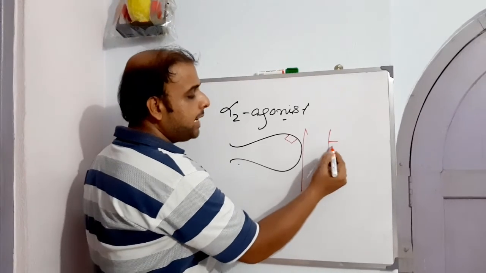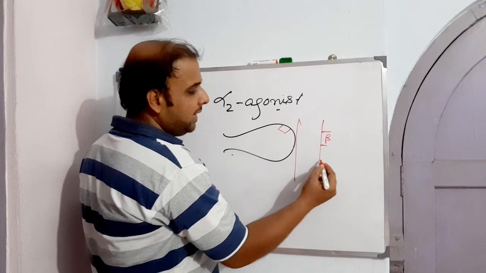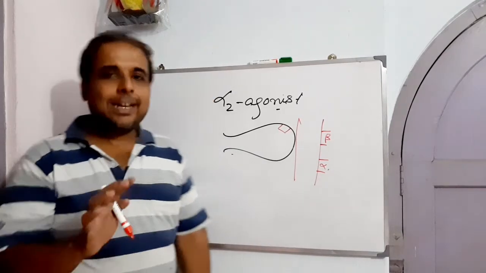And we have postsynaptically placed receptors, like the beta receptor, and then we have alpha 1 as well. So what is the function of the autoreceptor that I told you long back?